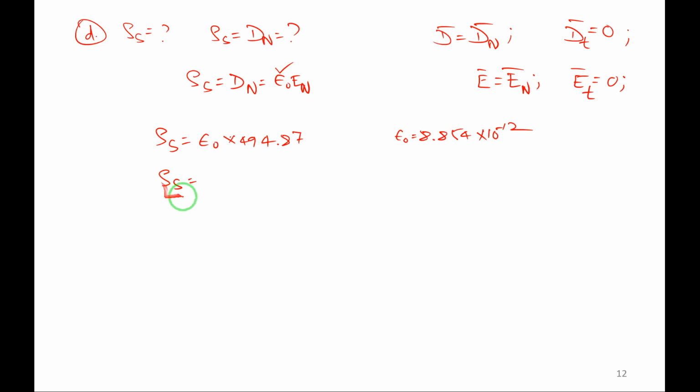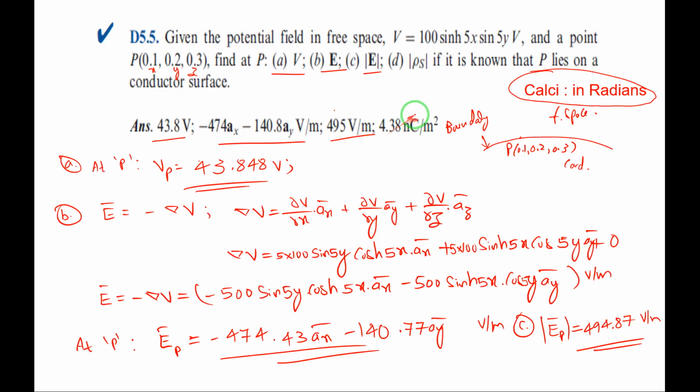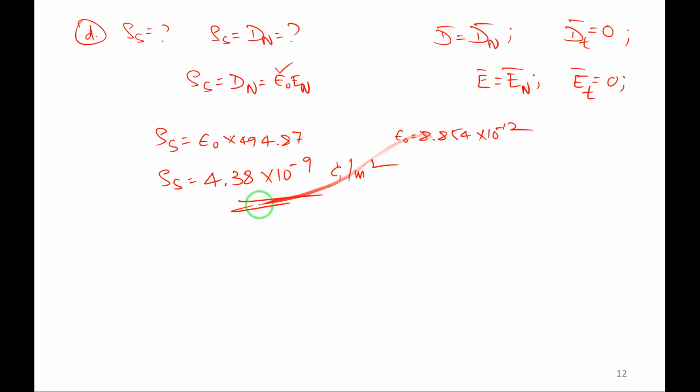I am getting it as 4.38 into 10 power minus 9 coulomb per meter square. You can check it. 4.38 nano coulomb per meter square. Nano means 10 power minus 9. I hope you got it.